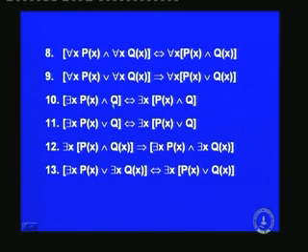Again we have seen that for all of x distributes over AND. So if you have for all of x, p of x and for all of x, q of x, we can put them within the parenthesis and write for all of x, p of x and q of x. These two are equivalent. Whereas for all does not distribute over OR, so this will imply this, they are not equivalent.